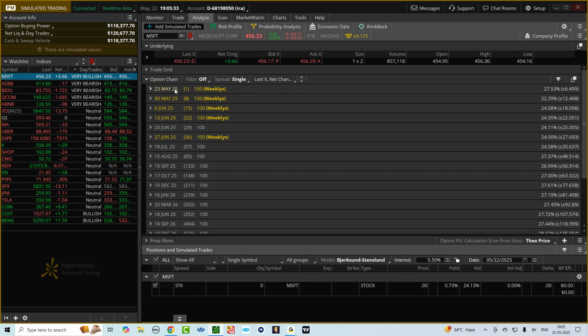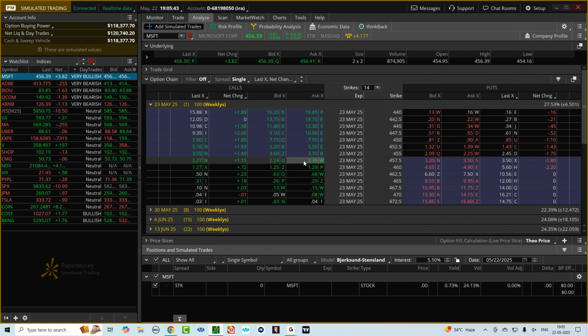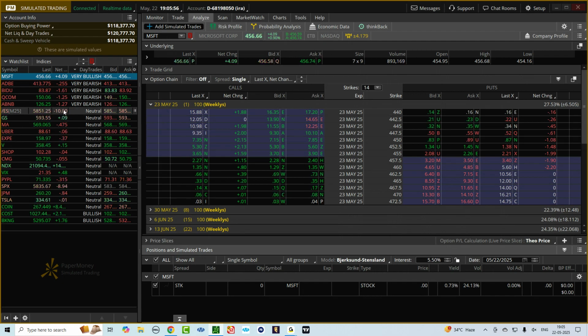That's too soon. Although your option prices are going to be very cheap, and so it'll be a fairly inexpensive kind of trade. So it's at 456, as you can see over here. It's moving higher, and it's up about $3.90. The problem is ES futures are still down, about 10 points.